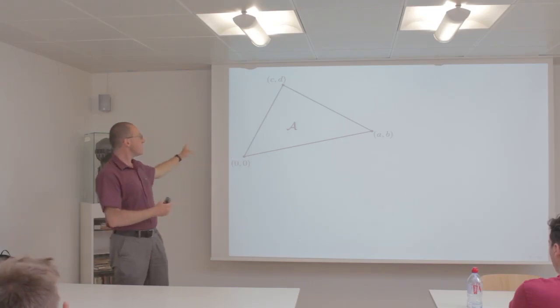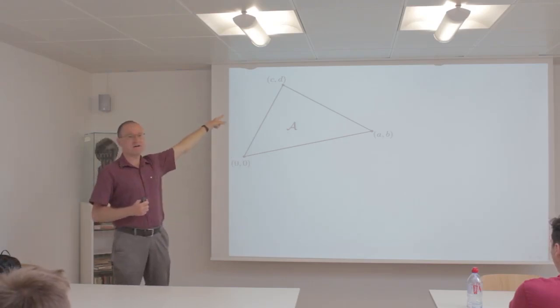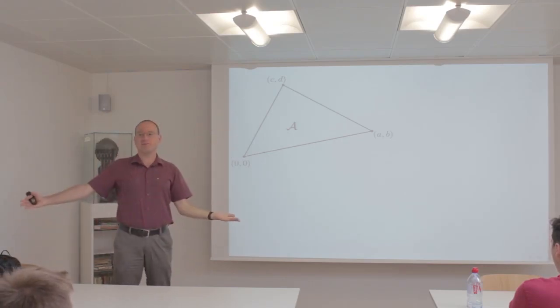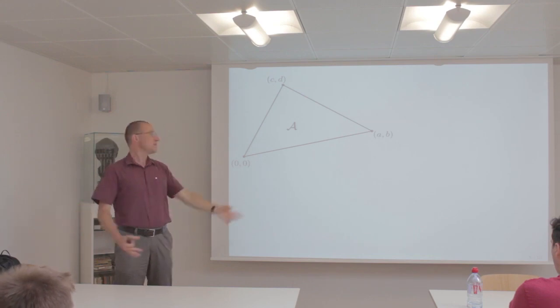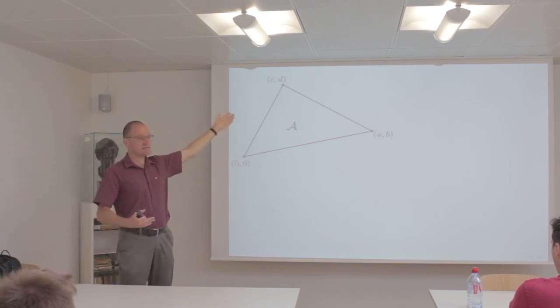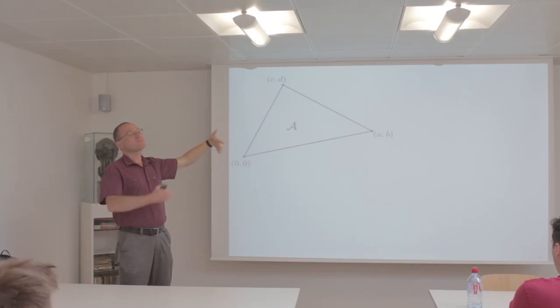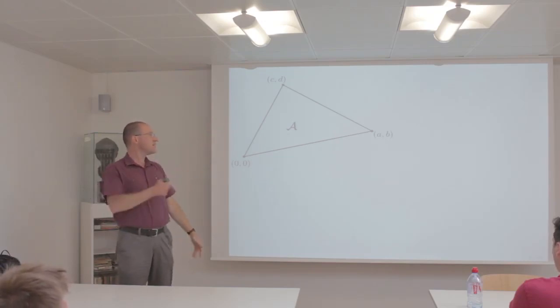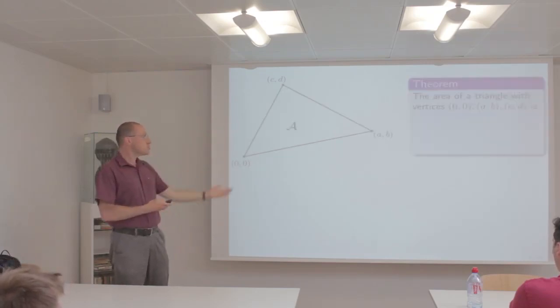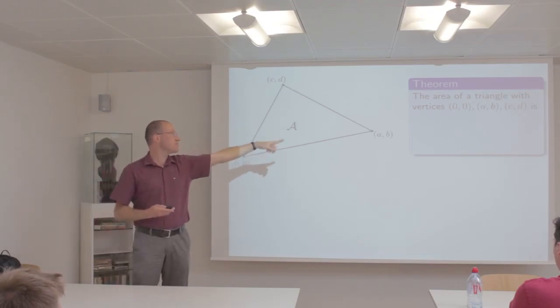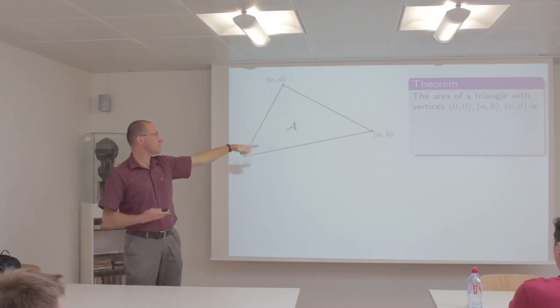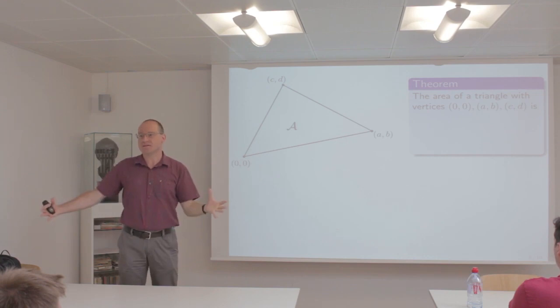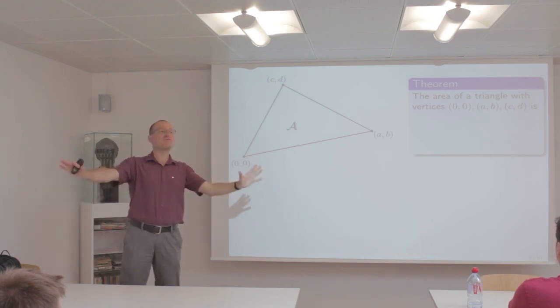You agree that if I tell you where the 3 vertices are, you should be able to tell me the area. There should be a formula that involves A, B, C, and D that tells me the area in terms of A, B, C, and D. There should be a theorem that says the area of a triangle with vertices (0, 0), (A, B), (C, D) is something. Forget about Pick's formula for a moment.